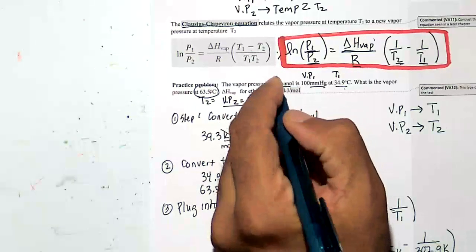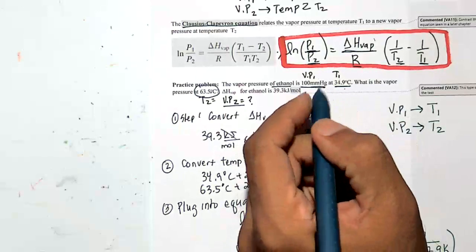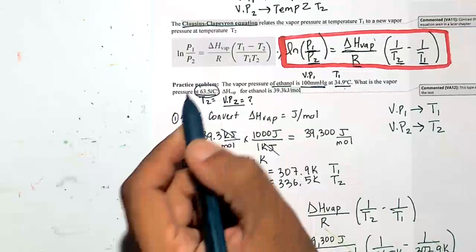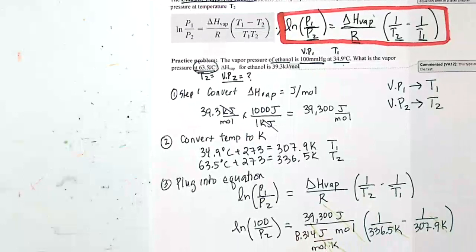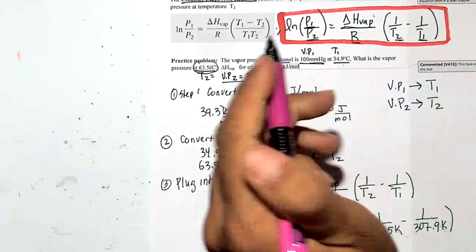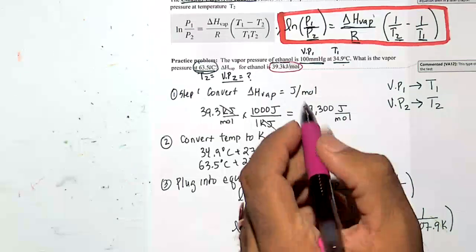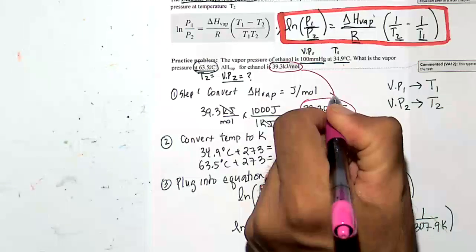All right, so we have ethanol, and the vapor pressure is 100 millimeters of mercury at 34.9 degrees C. What is the vapor pressure at 63.5 degrees C? Okay. So the first thing we want to do is convert kilojoules per mole, which is the delta H vaporization, to joules per mole, so multiply it by 1,000.